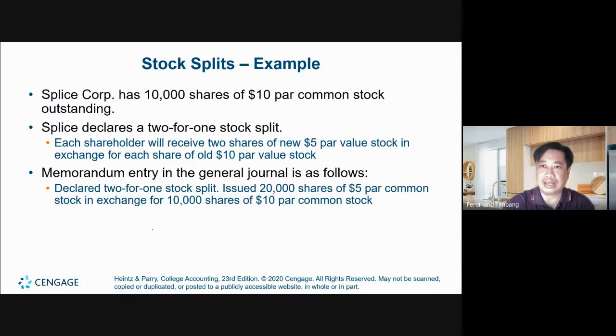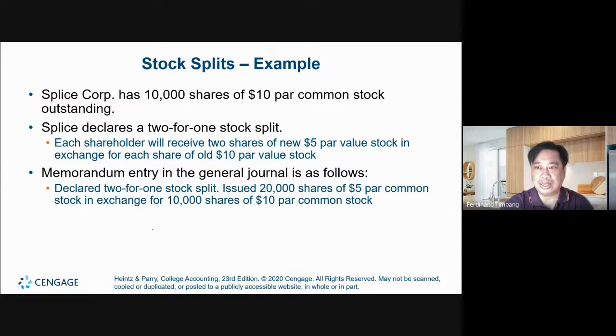Let's have an example. Splice Corporation has 10,000 shares of $10 par common stock outstanding. Splice declares a 2-for-1 stock split, so each shareholder will receive 2 shares of new $5 par value stock in exchange for each share of $10 par value stock.